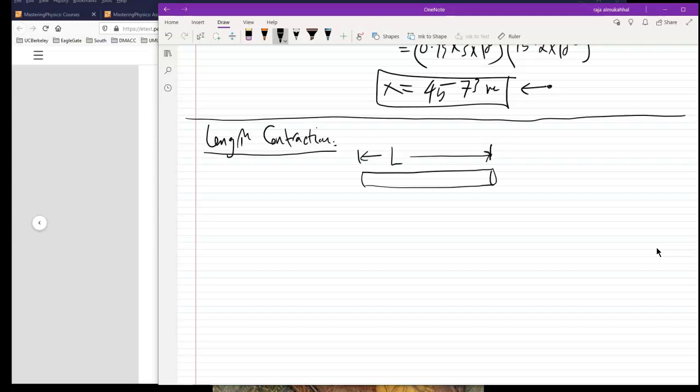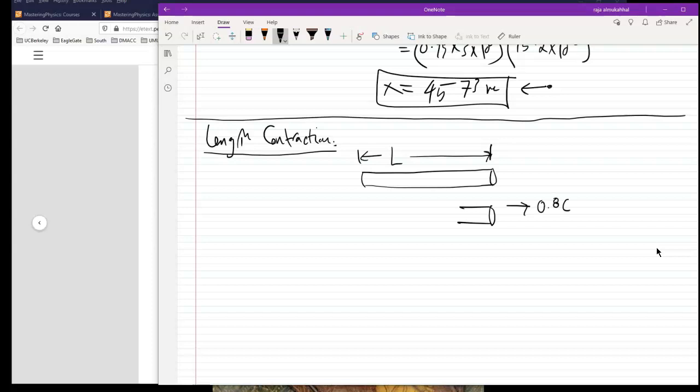Now, I'm going to take this rod and have it move at relativistic speed, say 0.8 c, 0.5 c, whatever. So now the rod is moving with some relativistic speed, say 0.8 c or something.